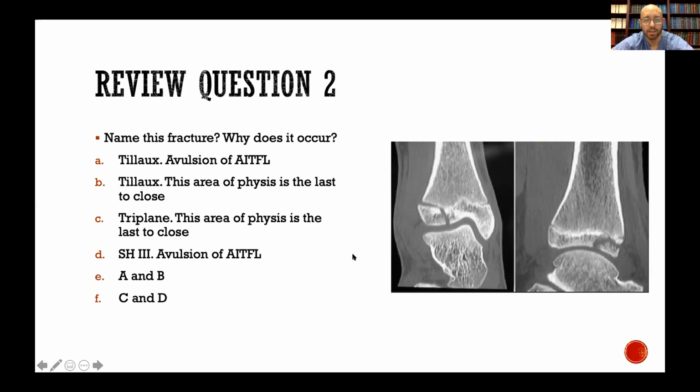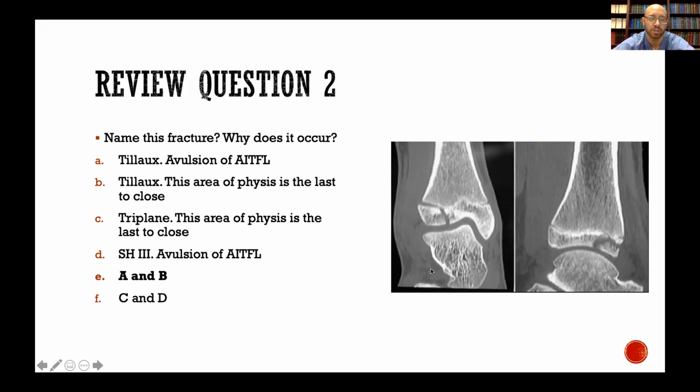So what you're looking at is a Tillaux fracture. It's a fracture through the distal tibia at the anterolateral surface. The reason is that this area is the last part of the physis of the distal tibia to close, so it's the weakest point.